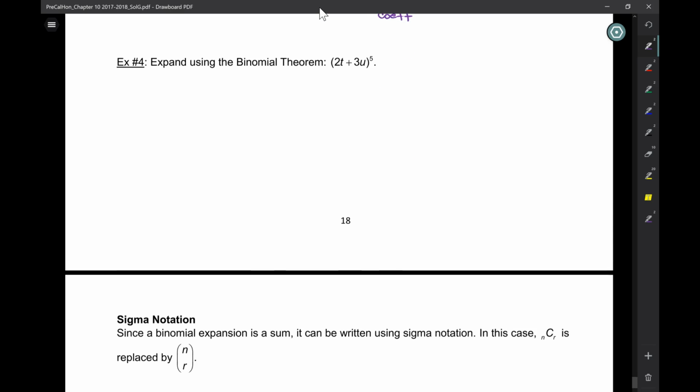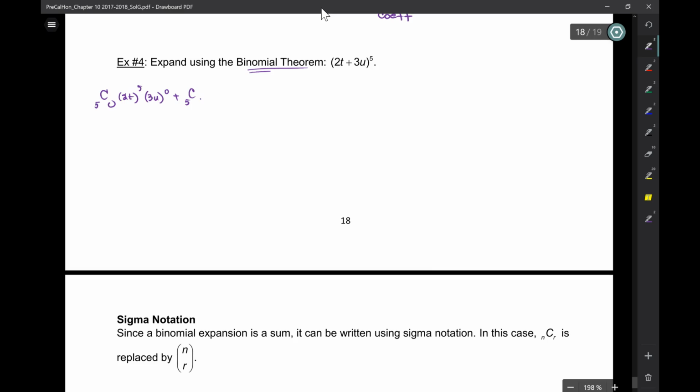Okay? All right, so let's go here. We're going to expand. We're going to do it semi-manually. So this is C(5, 0). Using the binomial theorem, we start with 5, and then r starts with 0. And then it's (2t) to the 5, (3u) to the 0.